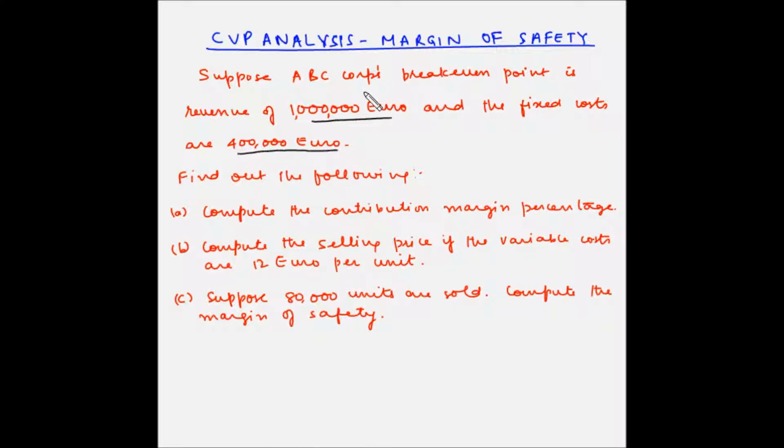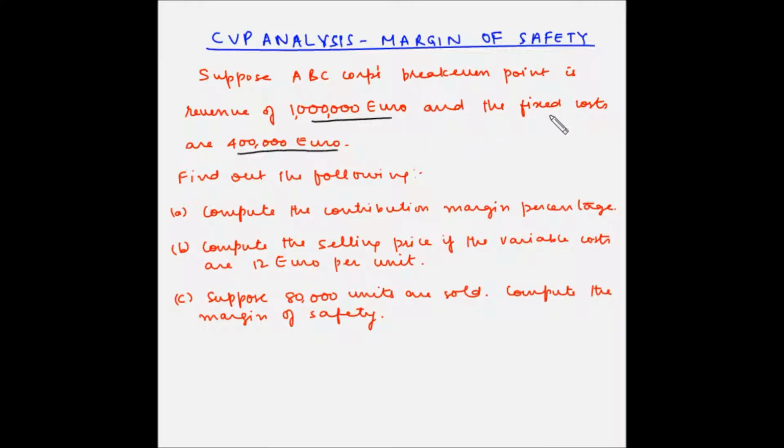So basically ABC Corp's break-even point is at 1 million euro, which means that once it has hit a revenue of 1 million euro, it is in a position where it has recovered all its costs. Or in other words, it is in a no profit, no loss situation.